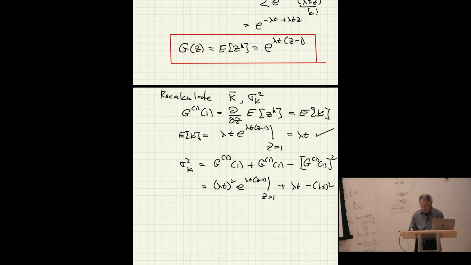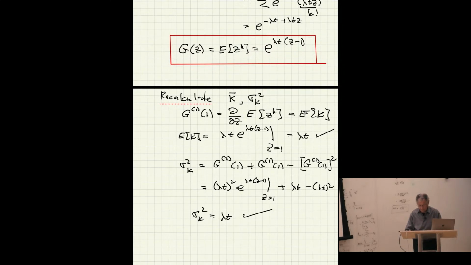Well, if I set z equal to 1 in the first term, I get lambda t squared that cancels with the minus lambda t squared. And what do I get? Of course, lambda t again, as I should. Check mark.